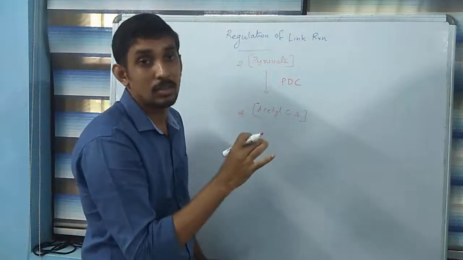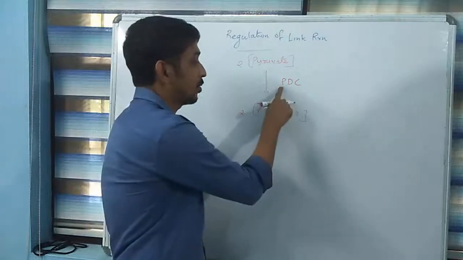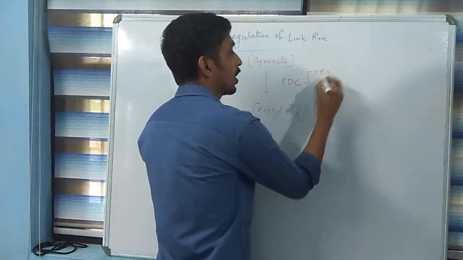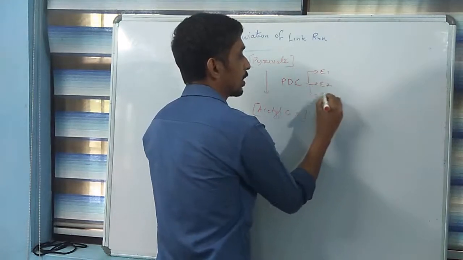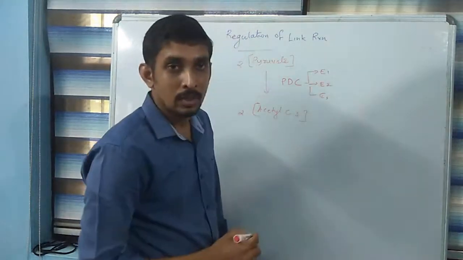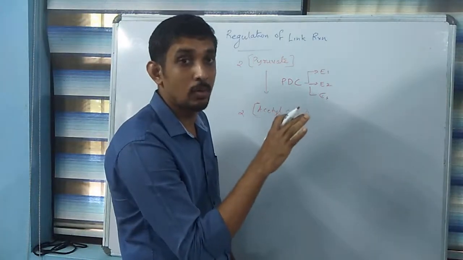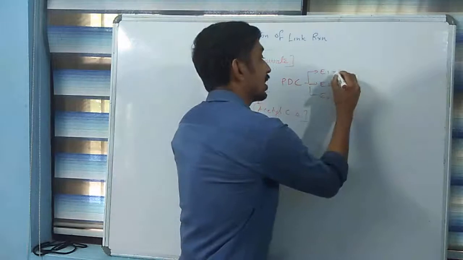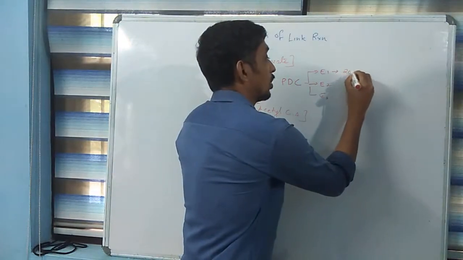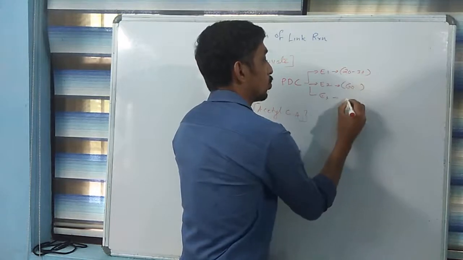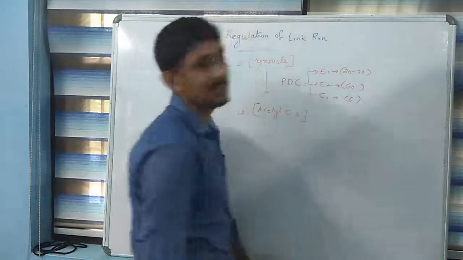Here I wrote PDC to represent the pyruvate dehydrogenase complex. That complex contains enzyme 1, enzyme 2, enzyme 3. Actually, this pyruvate dehydrogenase complex does not contain a single copy of E1, E2, E3. Instead, it contains approximately 20 to 30 copies of E1, 60 copies of E2, and 6 to 8 copies of E3.